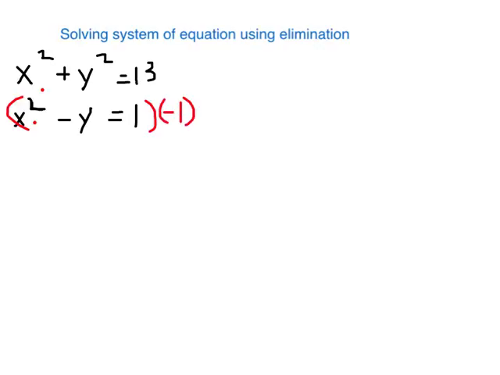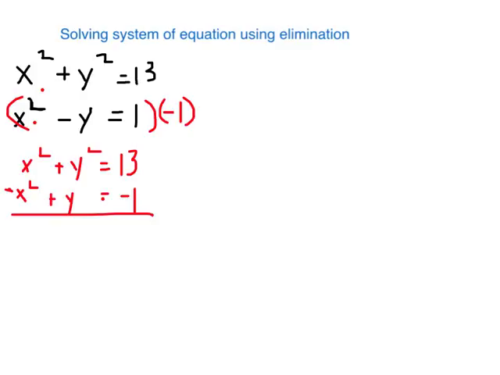If we do that, we end up with x squared plus y squared equals 13, and negative x squared plus y equals negative 1. If we add those, we see that the x squareds cancel out and we're left with y squared plus y equals 12.